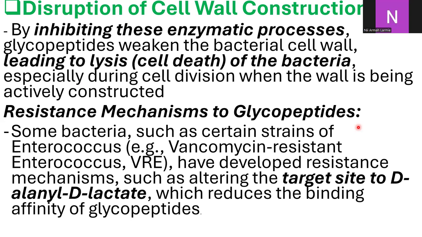Now, if you get that concept, then when we talk about penicillin, cephalosporins, carbapenems, or monobactams, we automatically know these are cell wall synthesis inhibitors. And when we talk about glycopeptides, we also know these are cell wall synthesis inhibitors. The only important distinction is that glycopeptides are effective only in gram-positive organisms. So never use them for gram-negative organisms.